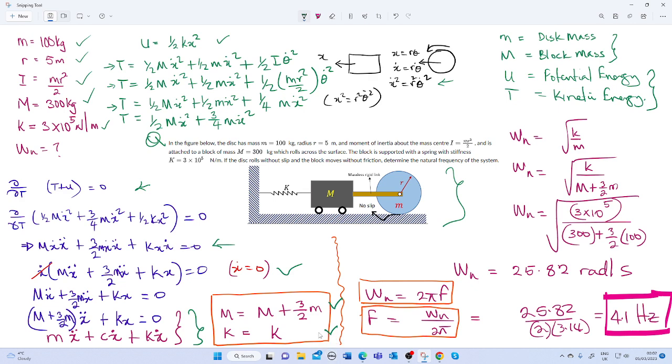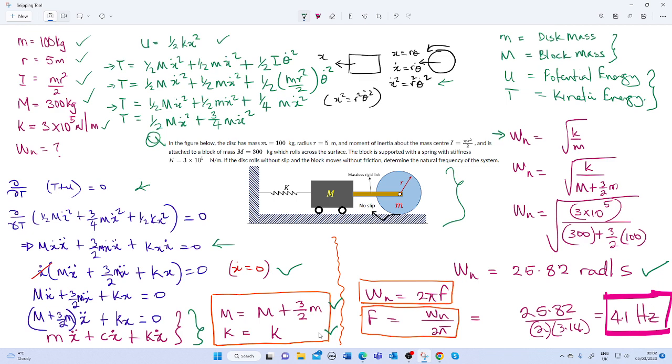Now, by slotting these parameters into the standardized equation for the natural frequency, Wn equals the root of k over M, that is Wn equals the root of k over big M plus 3 over 2 m. Using the whole parameters given and slotting them into this equation gives us 25.82 radian per second.